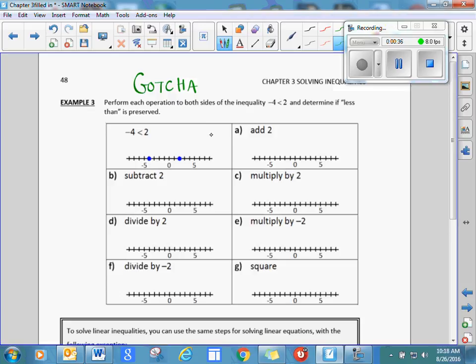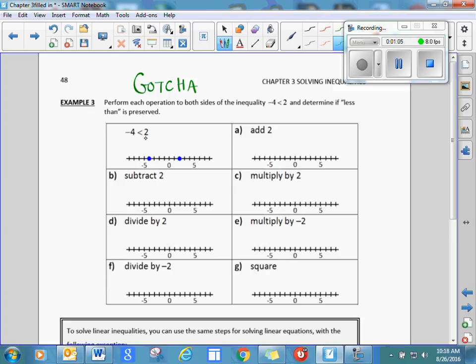So I want to walk through these examples, and I want to introduce you to the idea of why we have to have a special situation when we're multiplying or dividing by a negative coefficient at the bitter end when we're solving inequalities. So this is -4 is less than 2, and of course that's a true statement. And remember, what you do to one side of an equation, you have to do to the other.